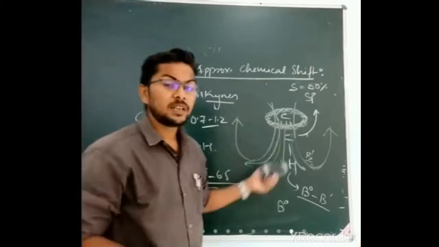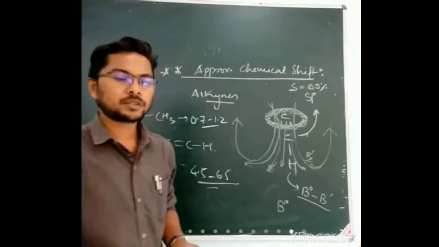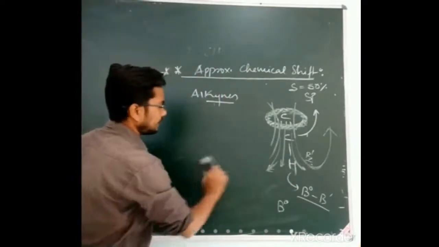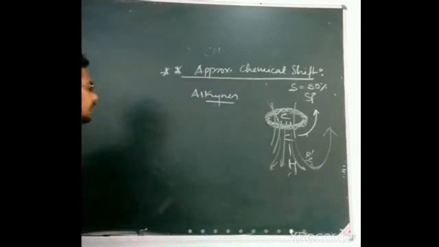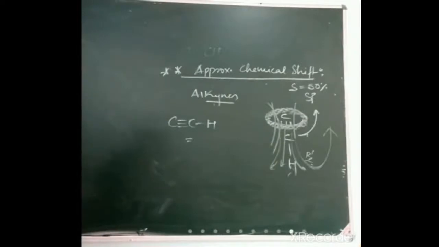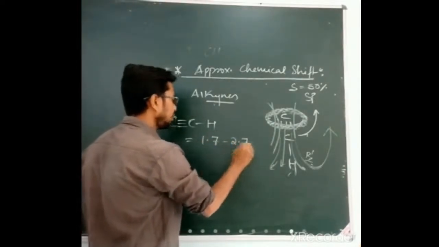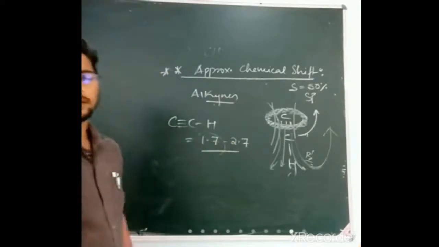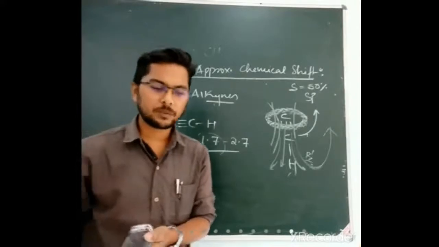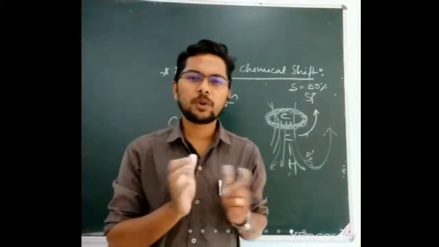But because of this ring current effect, it is shielding the external magnetic field, and because of the shielding, it falls in the region, your alkynes fall in the region 1.7 to 2.7. Mostly it is above 2 only, but maybe in some cases it is 1.7, so that's why they have given 1.7, but mostly it is around 2, 2.1, 1.9, that region.